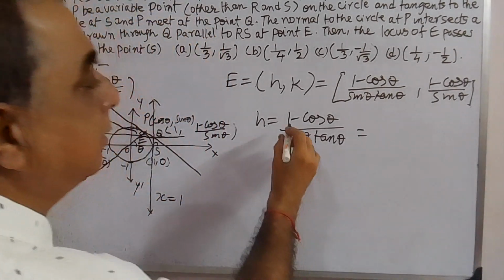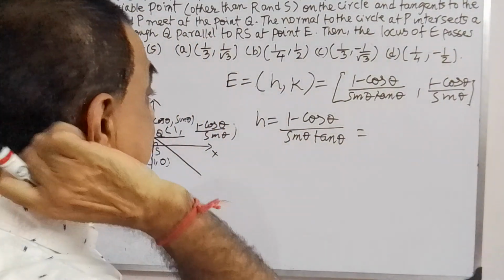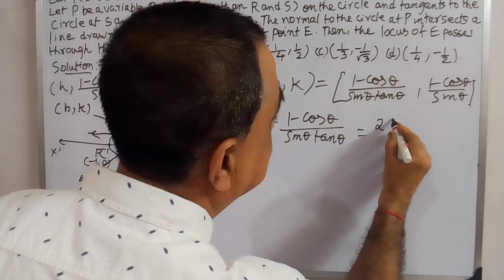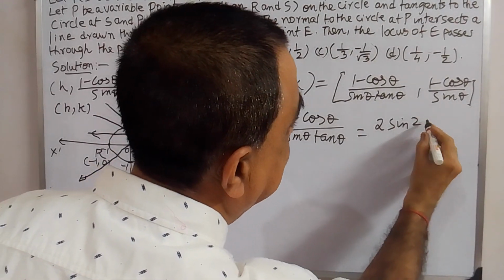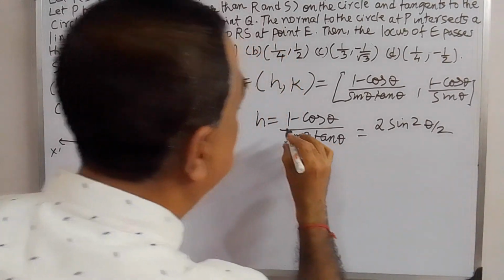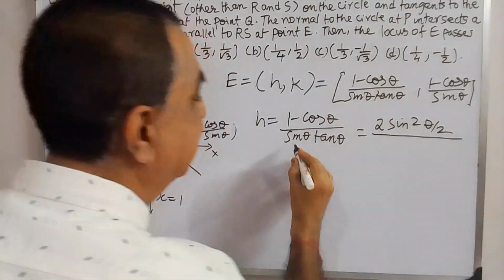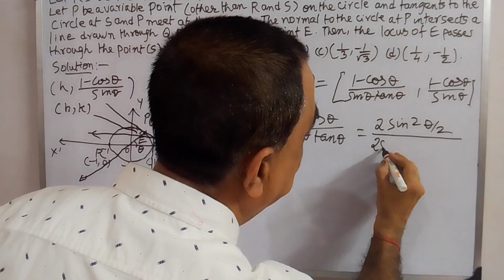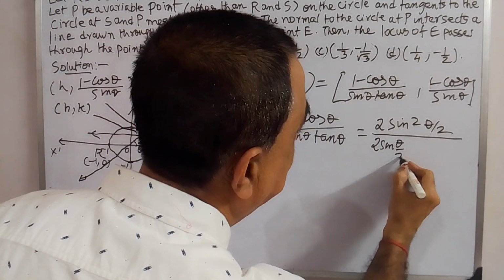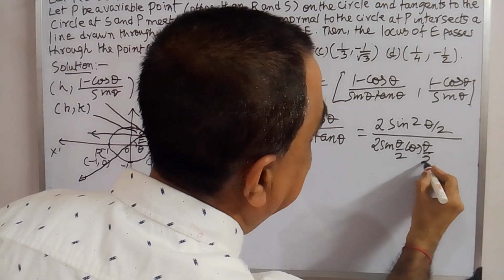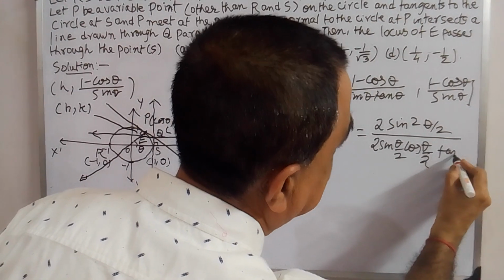Now h is equal to (1 minus cos theta) divided by sin theta, times tan theta. What is the formula of 1 minus cos theta? It is 2 sin squared theta by 2, and sin theta is 2 sin theta by 2 into cos theta by 2, and into tan theta.